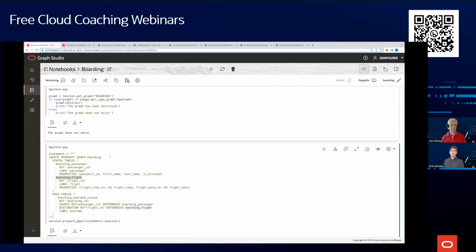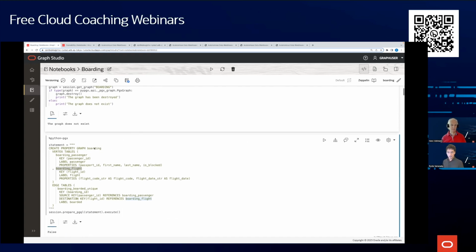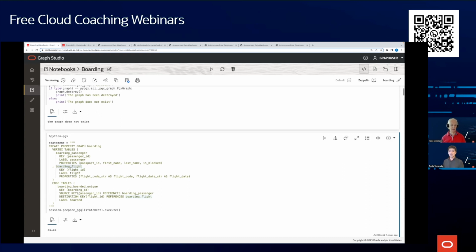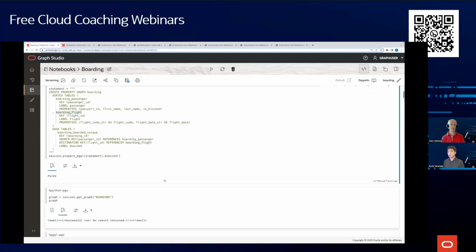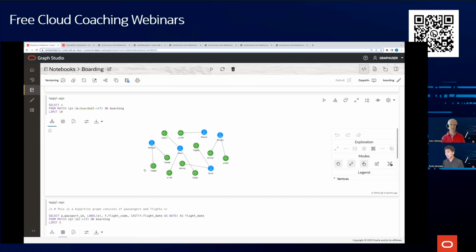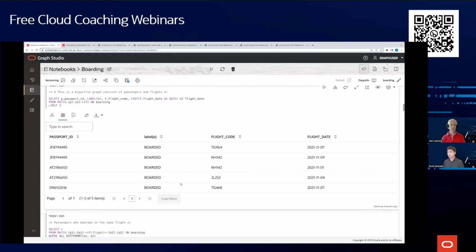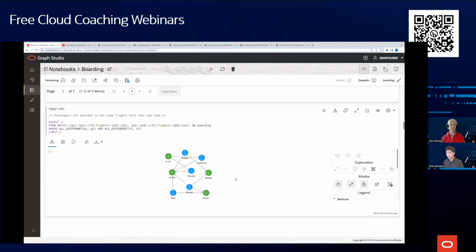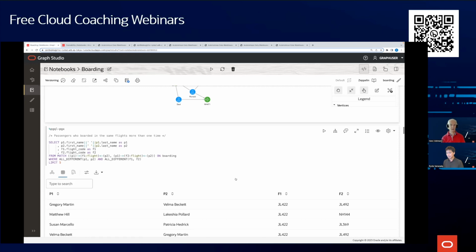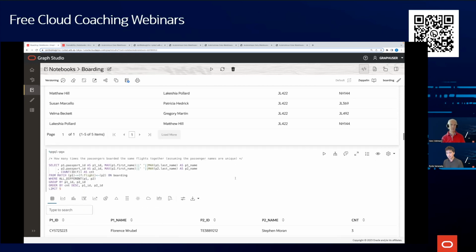Okay, so here this is the boarding graph with passenger and flights, and boarding information which can be captured as edges between passenger and flight. So we can create this graph like this, but we would like to eventually get the graph between passenger and passengers.